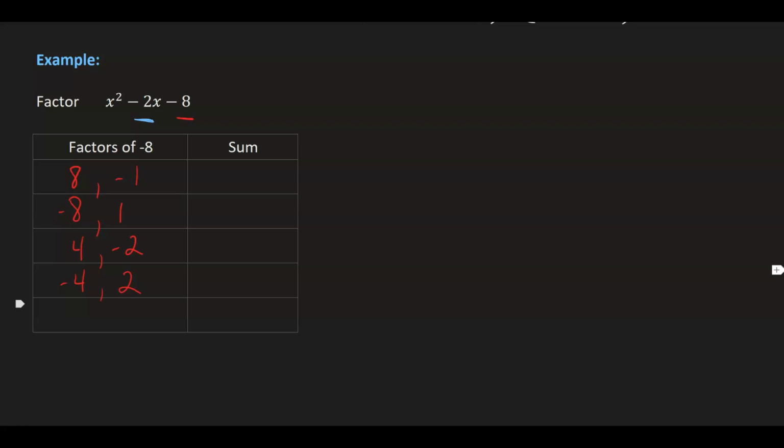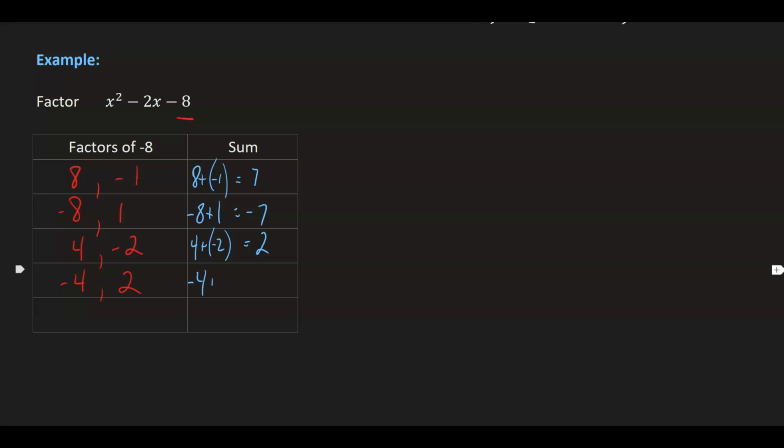So let's see what the sums of each of those are. 8 plus -1 is 7. -8 plus 1 is -7. So far it's not -2, so it's not working. Neither one of those is good. 4 plus -2, which is 2.